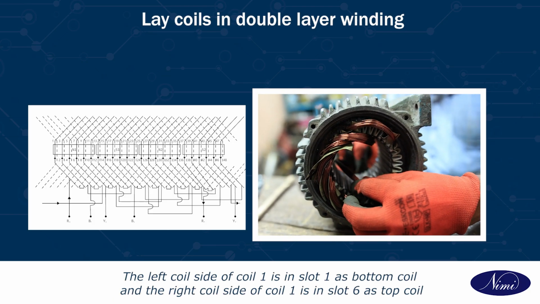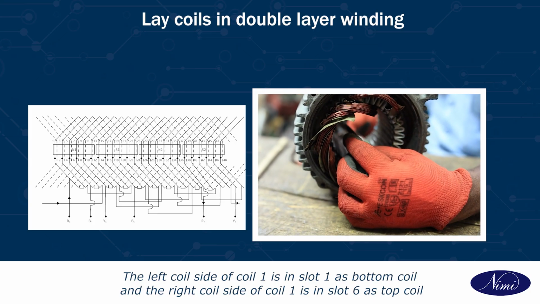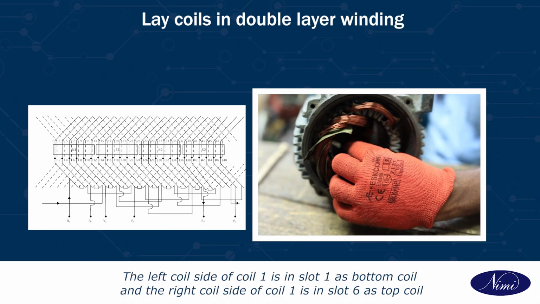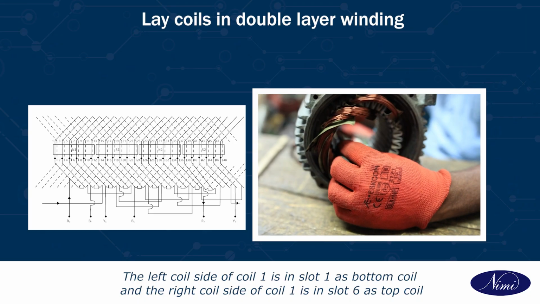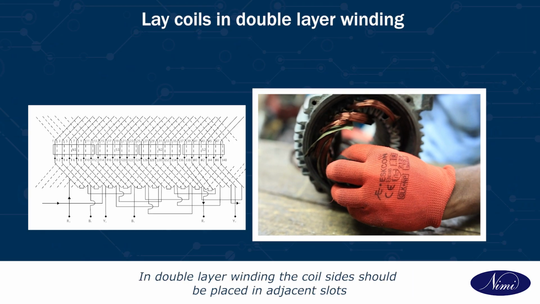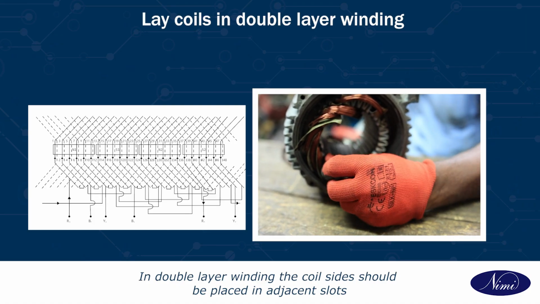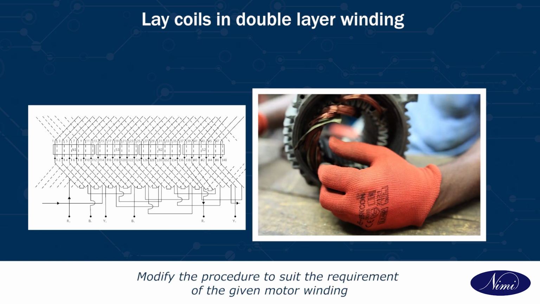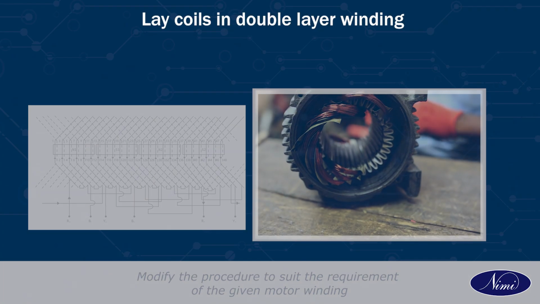The left coil side of coil 1 is in slot 1 as bottom coil and the right coil side of coil 1 is in slot 6 as top coil. In double layer winding, the coil sides should be placed in adjacent slots. Modify the procedure to suit the requirement of the given motor winding.